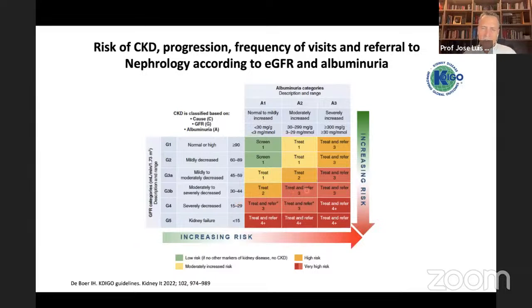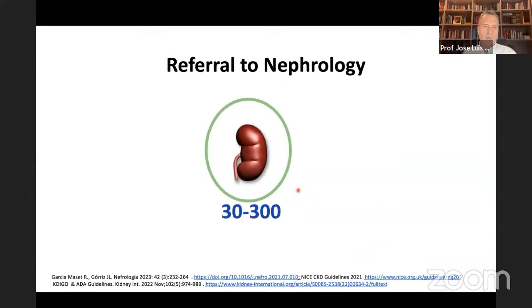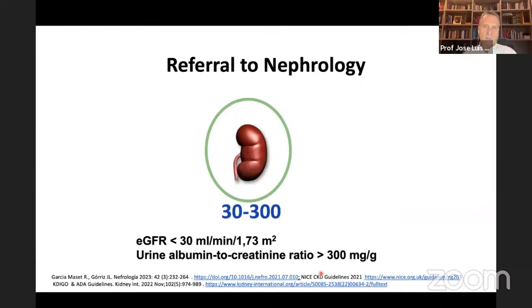And those patients, this is a discussion, but those patients with mild albuminuria and mildly low GFR, especially young men, should be referred to the nephrologist. So in general, in our national guideline from Spain, KDIGO, and NICE for the UK, the key numbers are GFR below 30 and albuminuria greater than 300. These are the two keys for referral to nephrology.